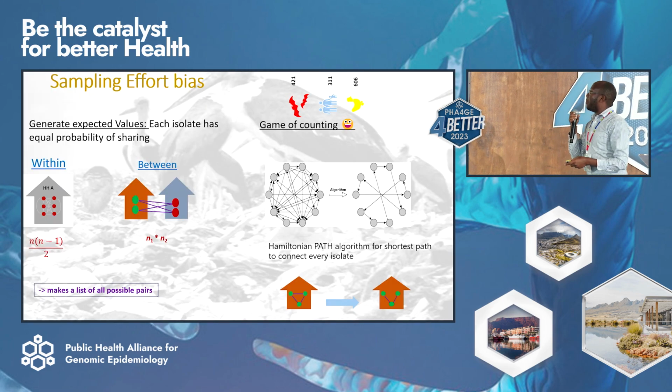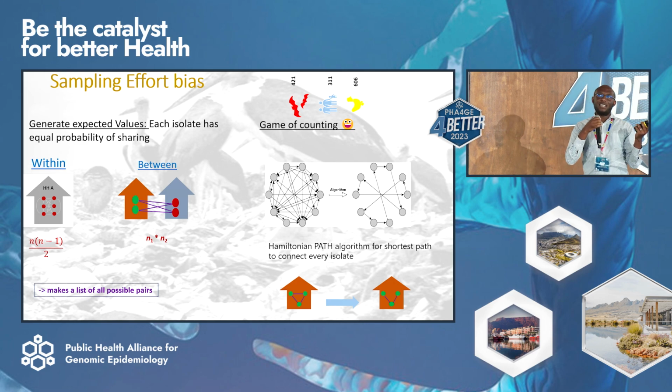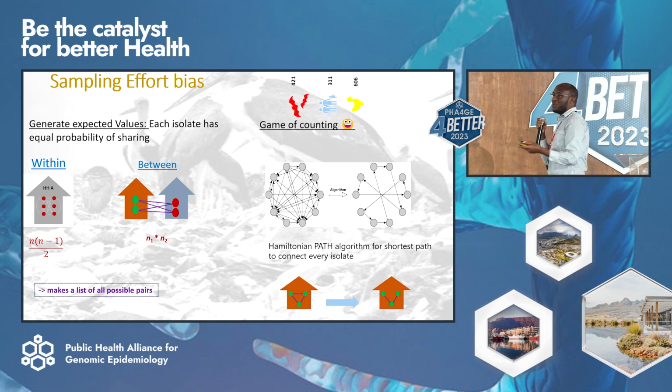And then the more you sample, the more you see sharing events. Of course, that's a 101 of epidemiology: numerators don't matter, what matters is the denominator. So for us, we had to go back to epidemiology 101, which is counting. We had the observed number of sharing events, which was 150. And then we generated the expected sharing events.